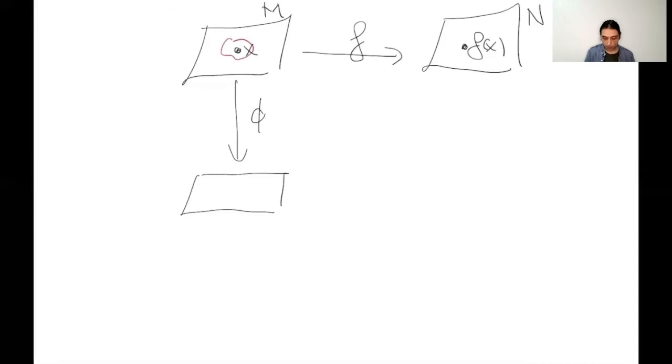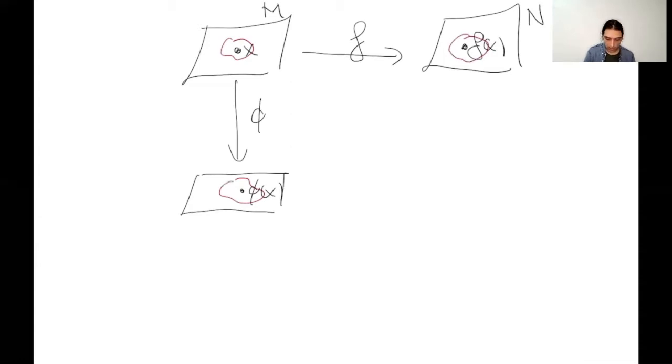The image of phi is going to be some open subset of R^n, where n is the dimension of our two manifolds. Okay, it is an open subset of R^n containing the point phi of x. In the same way, we can consider now a local chart for the second manifold.